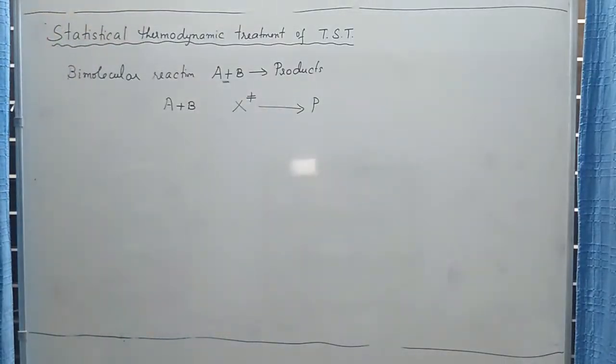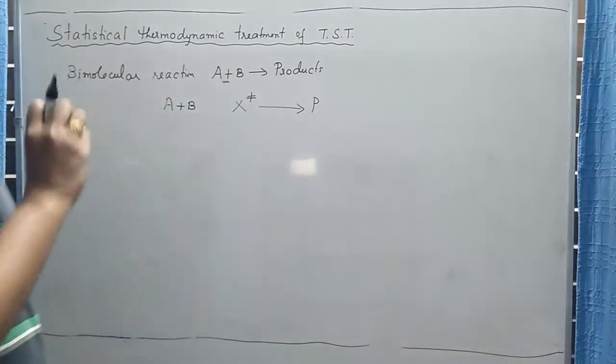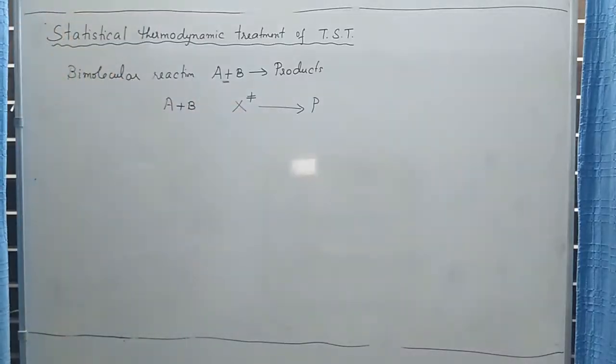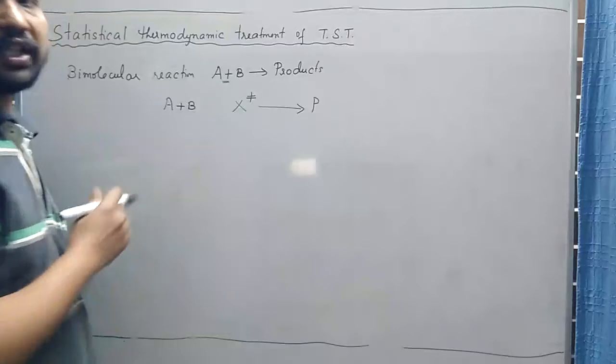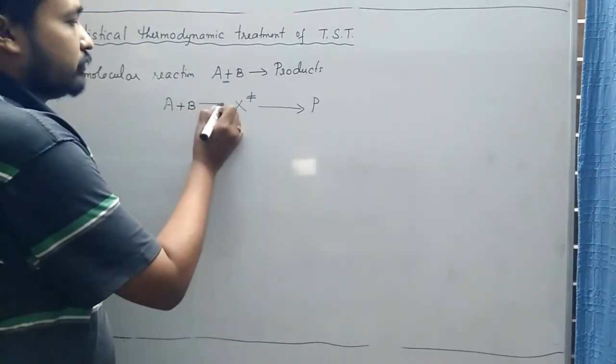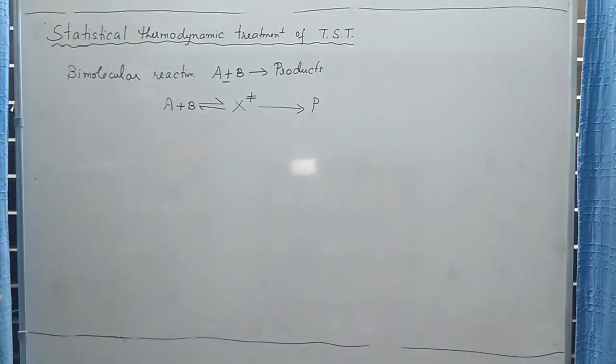According to one of the assumptions of transition state theory, that is why I told you to go through the assumptions or postulates again before this video, there is no true equilibrium between the reactants and the activated complex. But for the sake of calculating the concentration of the activated complex, we assume some sort of equilibrium between the activated complex and the reactants.